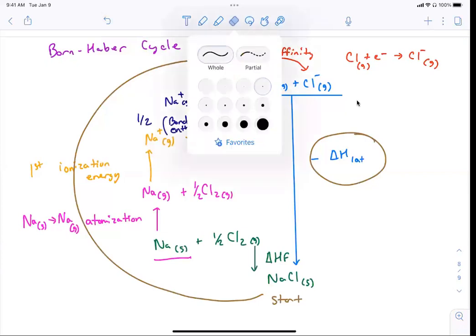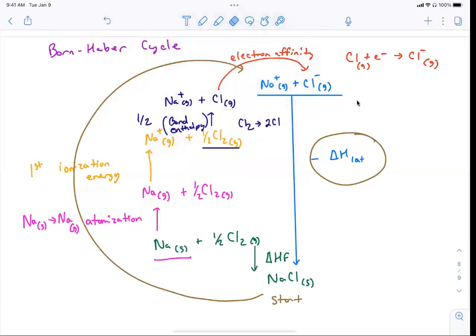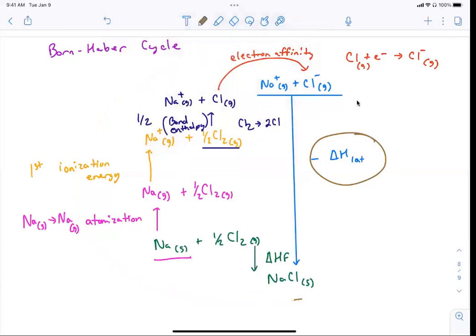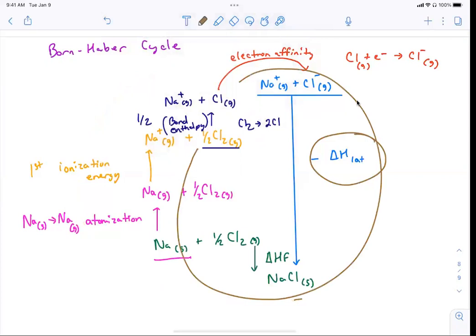For example, if you wanted to solve for bond enthalpy, then that's here all the way to here, right? Because you'd be solving for this arrow right here. So you'd flip all these arrows that were going the wrong direction, add them all up, and that would equal that overall arrow in the middle there.